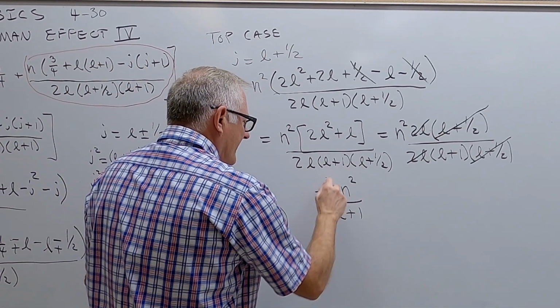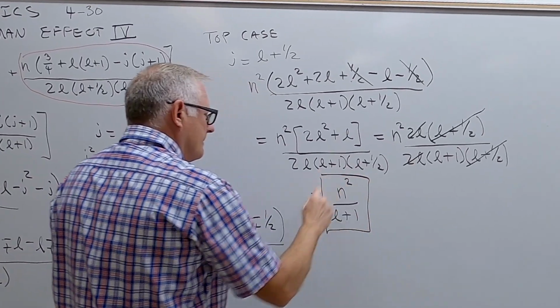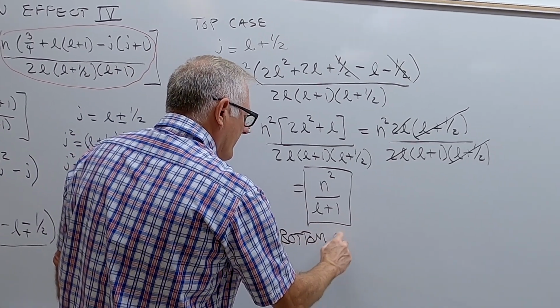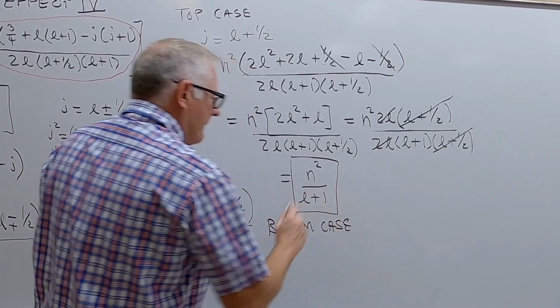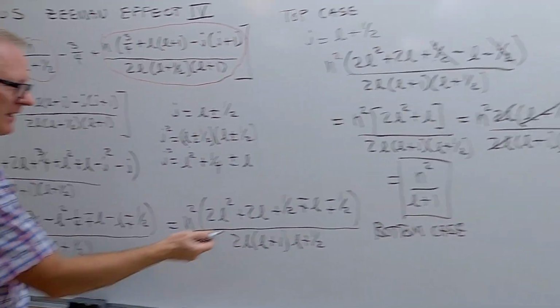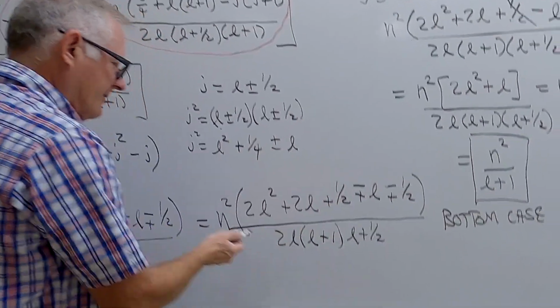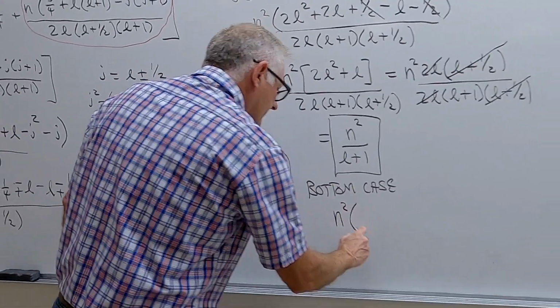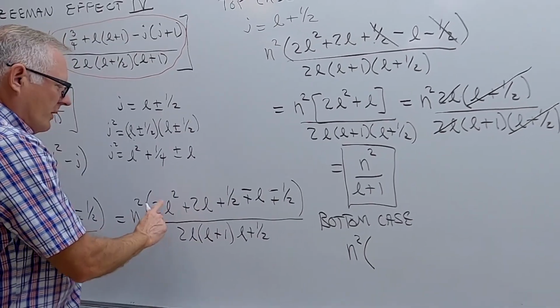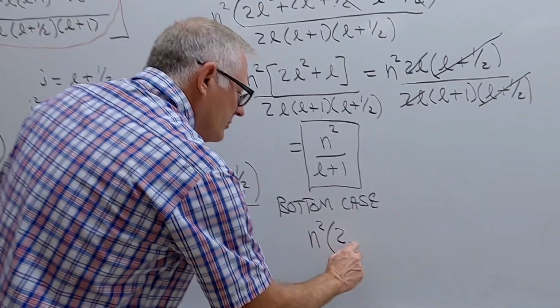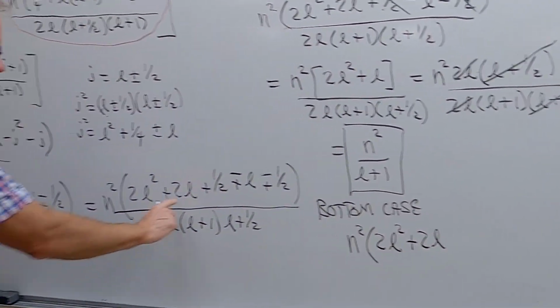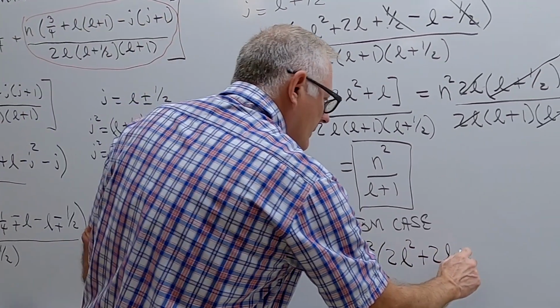Now if we look at the bottom case, that means we're using the two pluses down here. So we've got n squared, 2L squared plus 2L plus a half.